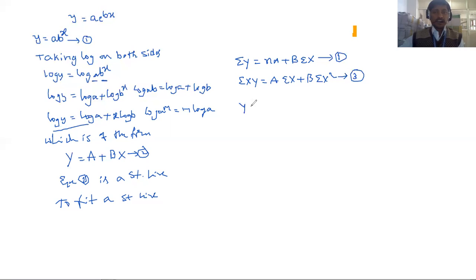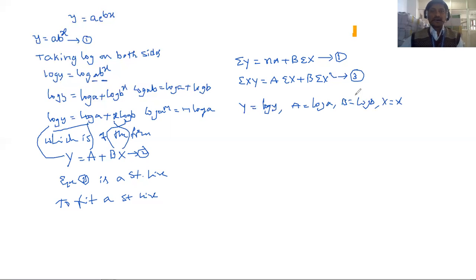Capital Y is equal to log Y, and capital A is equal to log A, and capital B is equal to log B, and capital X is equal to small x. So just what we compared, that one we are writing.